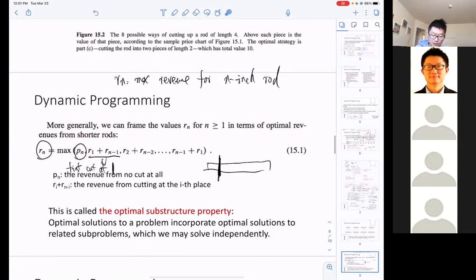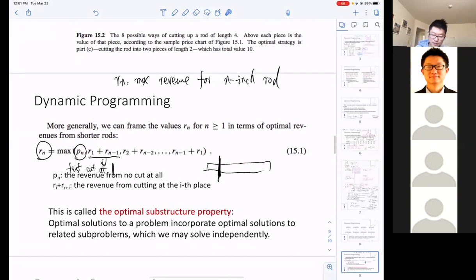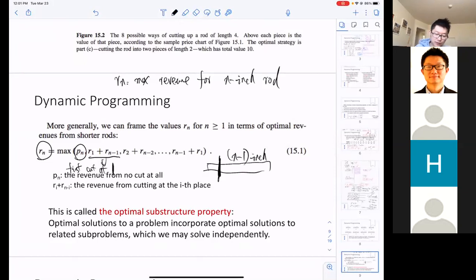For the left part, its length is 1, so the maximum revenue that you can make from it is just R1. And for the right part, you got n-1 inches, so the maximum revenue that you can get is Rn-1. Then you just add them. Make sense?